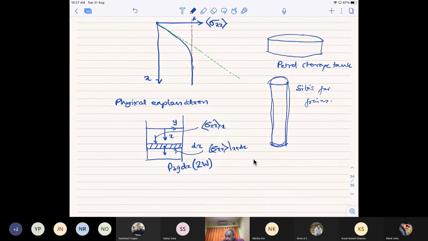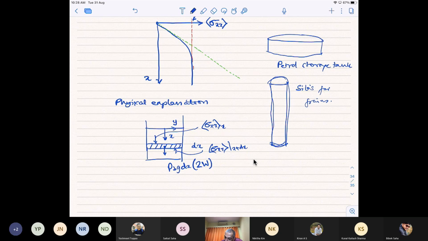And this will be there for even a fluid and everything. And if you do the balance, then you will just see that the force below is higher than this by the weight of the particles.